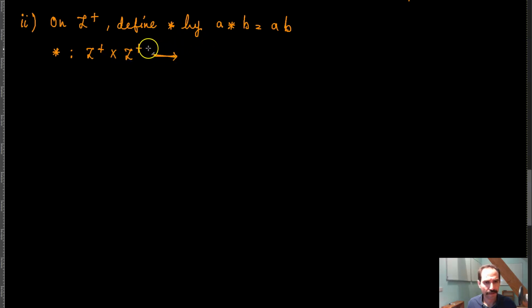If this is a function, it is defined by A star B is equal to A times B. So this is the situation that you have.